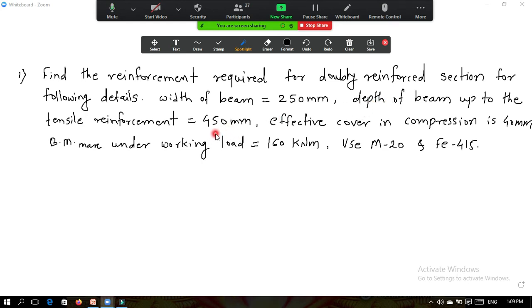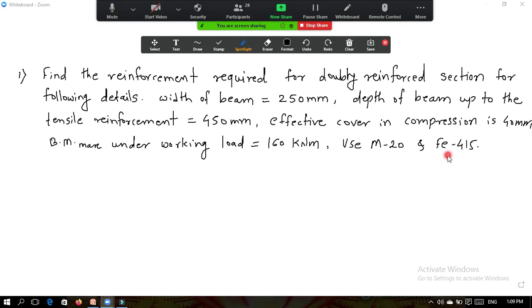Effective cover in compression is 40 mm, so d dash value is given to you. Bending moment under working load is 160 kilonewton meter. So the maximum bending moment is given on this doubly reinforced section. Then use M20 and Fe415.